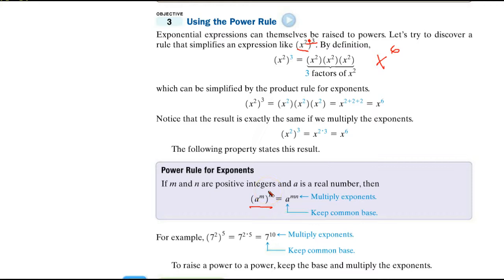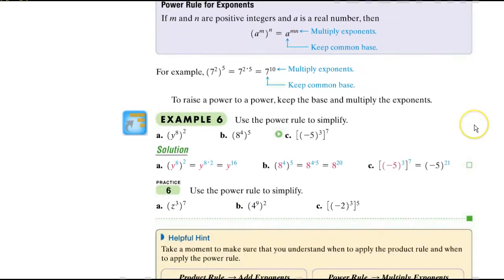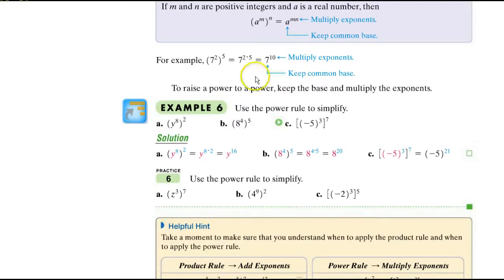Now remember, anytime you want to pause the tape to take notes, just do that. Pause it. So again, this example, 2 times 5 would give you 7 to the 10th.